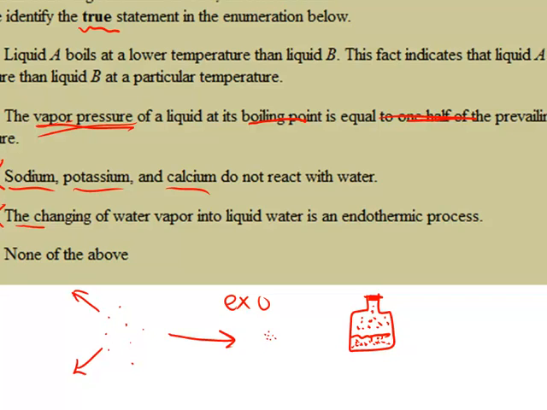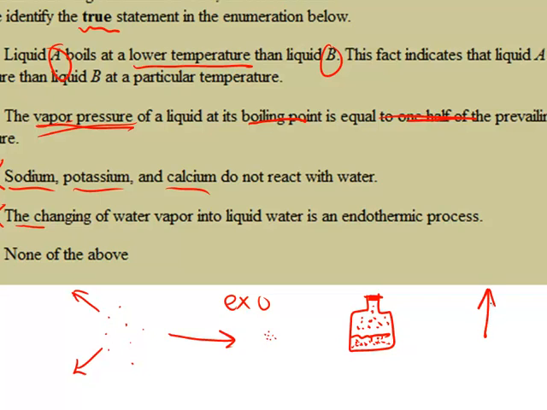If it's not, the answer will be none of the above. Liquid A boils at a lower temperature than liquid B. Okay, so this indicates that liquid A has a higher vapor pressure than liquid B at a particular temperature.